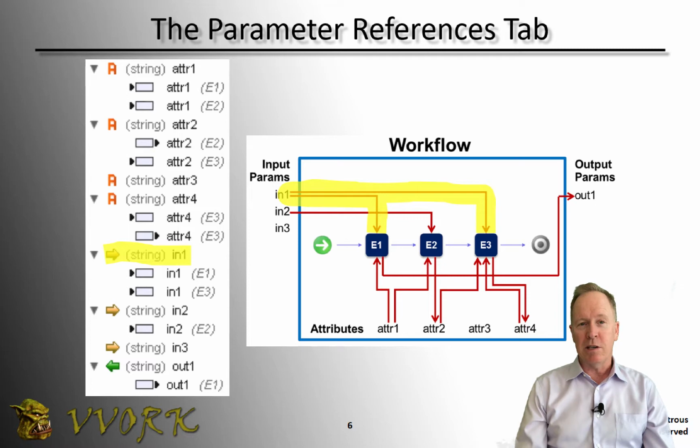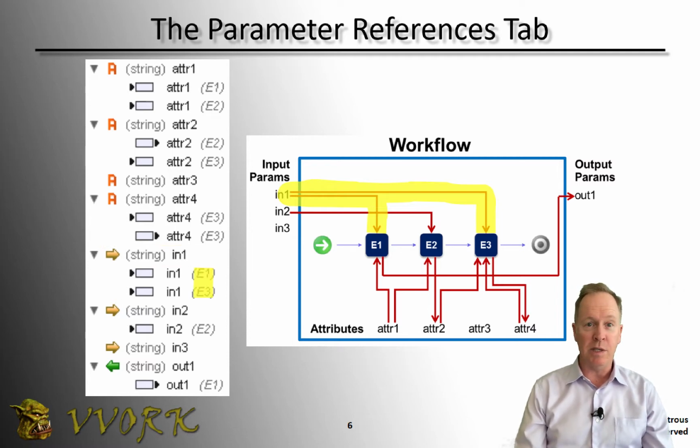But in addition to that, if you hit the triangle button for this input parameter, it will expand on the Parameter References tab, and you'll see more information. In this example, since there's two bindings, you'll see two lines. Over on the right side of each line, in parentheses, the name of the schema element or schema elements that have a binding to the variable called in1.